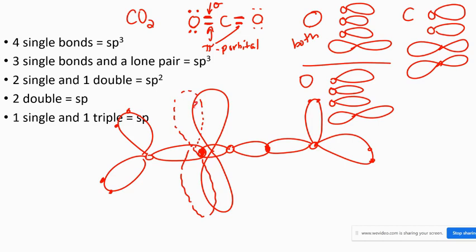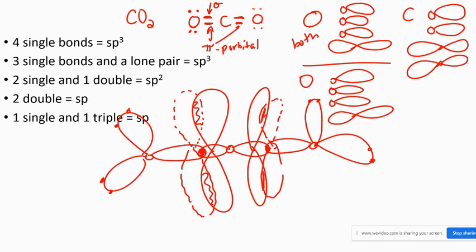And this is my pi bond here, where they connect. And I would duplicate that over here. So sigma is end to end, pi is side to side. Okay.